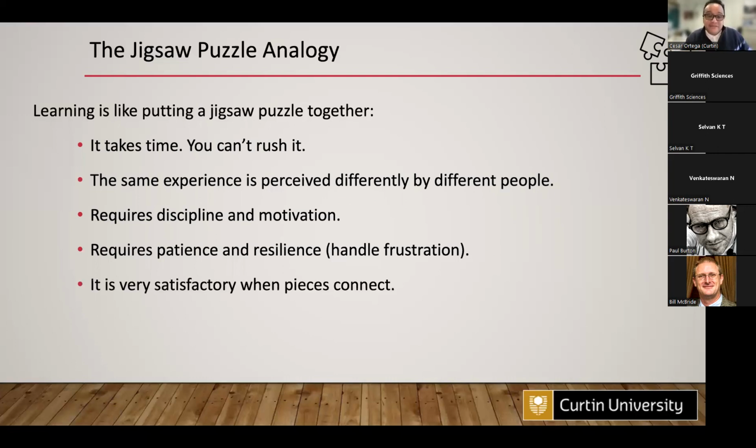So it's very satisfactory when pieces connect, and that feeling of learning, when you finally say, ah, now I get it, right? This and that connect into this new concept. That's a fantastic experience for us learners, and it's similar to what we feel when we find that piece in the jigsaw puzzle, connect it and say, yes, it goes there.